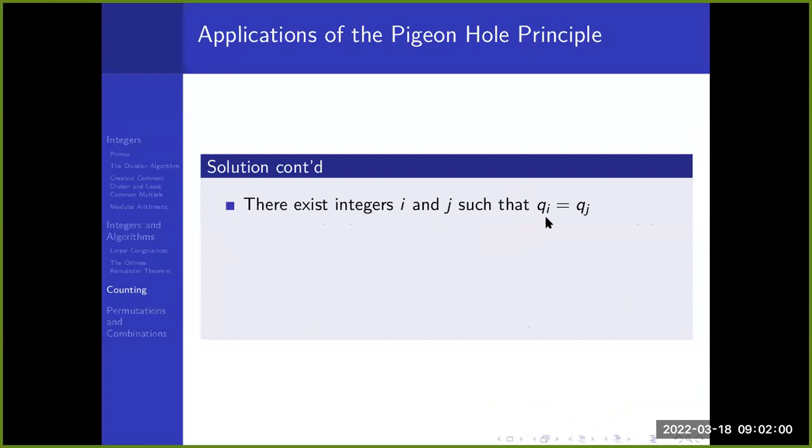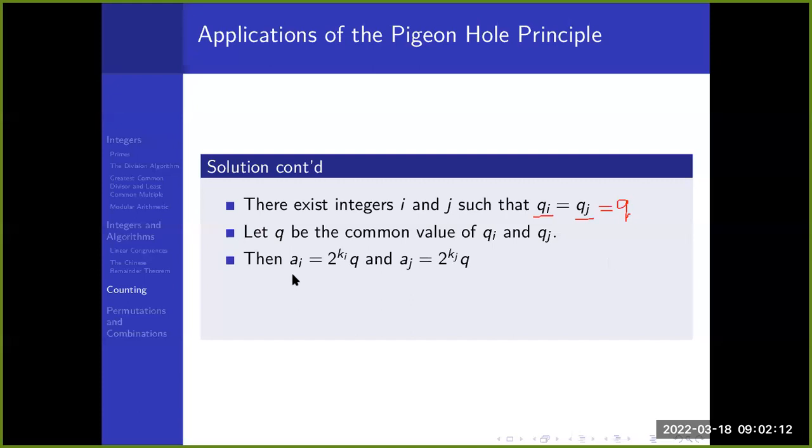So suppose we pick this pair to be Qi and Qj, and let's assume that they're all equal to some common odd number we call Q. Then Ai will be 2 raised to Ki multiplied by Q, and also Aj will be 2 raised to Kj multiplied by Q, because Qi and Qj are equal, and we've called the common number Q. And once you write them like that, it's easy to see that if Ki is smaller than Kj, then Ai will divide Aj.